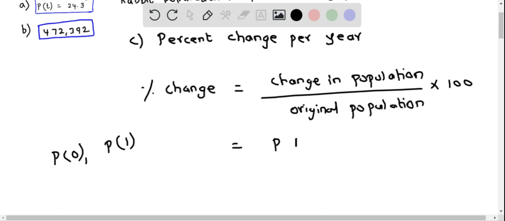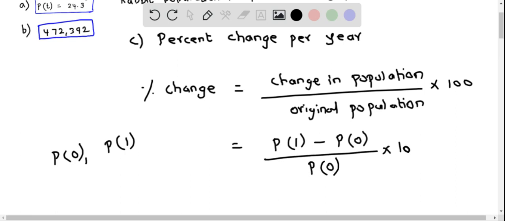So we can say that the change in population is P of 1, which represents the population after 1 year, minus P of 0, which basically represents the initial population, and then divided by the original population, that is P of 0. And this multiplied by 100.